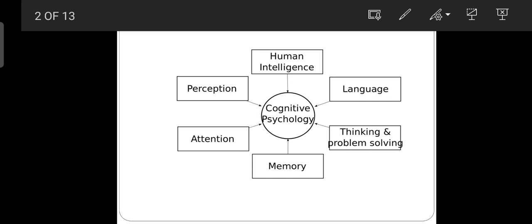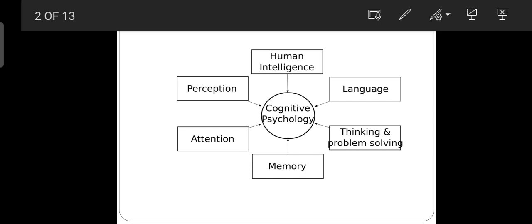Cognition is the process of knowing: how we know, how we process information. And it involves thinking, perceiving, problem solving, decision making, memorizing, etc. Now, what is cognitive psychology?